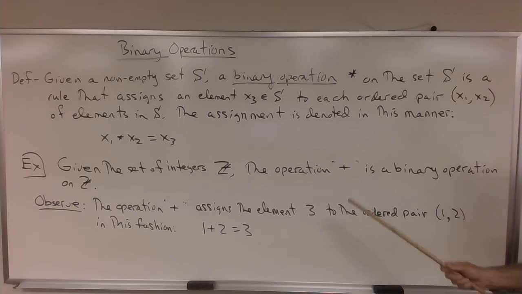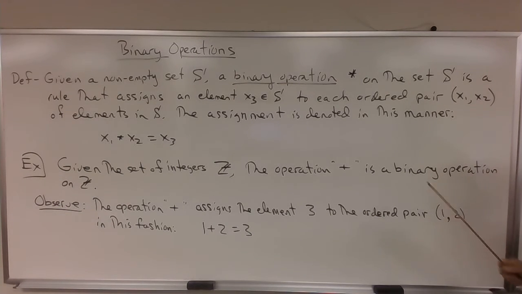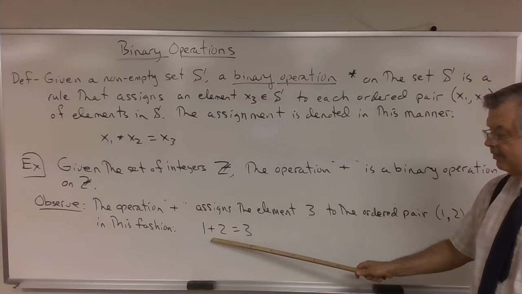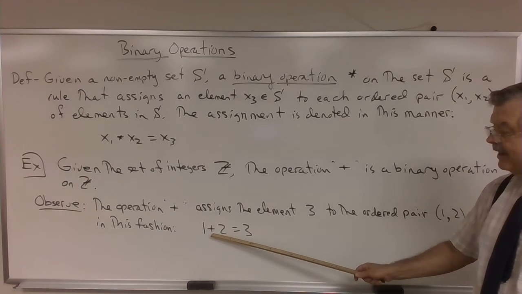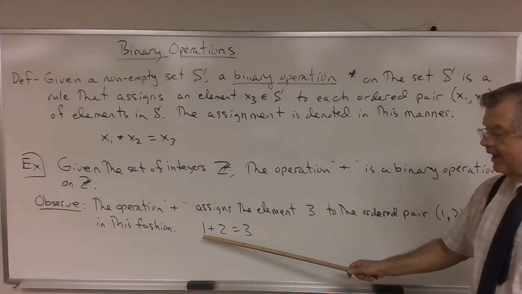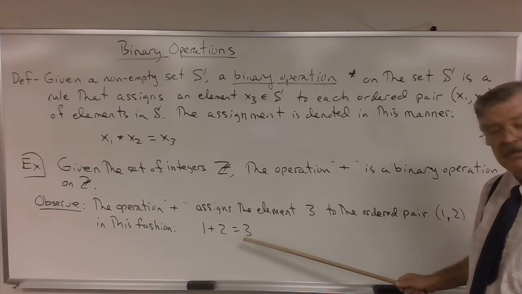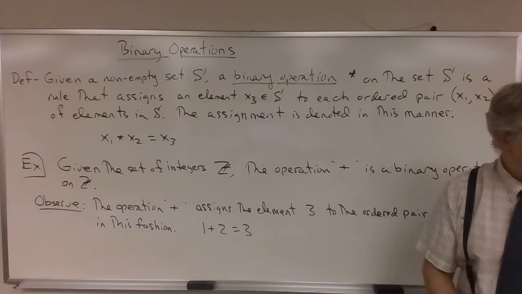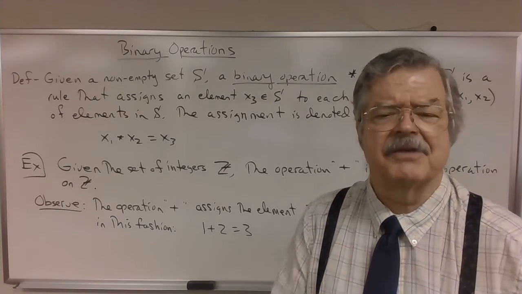And so this binary operation assigns the element 3 to the ordered pair 1, 2, and it does it in this fashion. 1 plus 2 equals 3. So the binary operation plus assigns to the ordered pair 1, 2 the element 3. Now let's look at a few more examples. No. Let's look at a lot more examples.